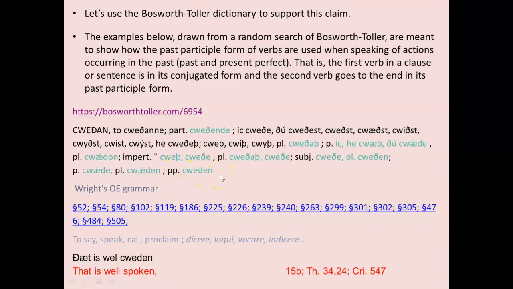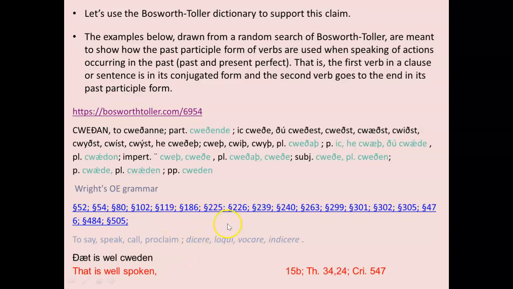Is there an example given of its use to show that the past participle goes to the end of a clause or sentence? Well, there just happens to be one: that is well cweden, that is well spoken. You can see that this is something that occurred in the past, is now completed, and that fact remains true and is ongoing in the present. That is well spoken. So it has been spoken well.